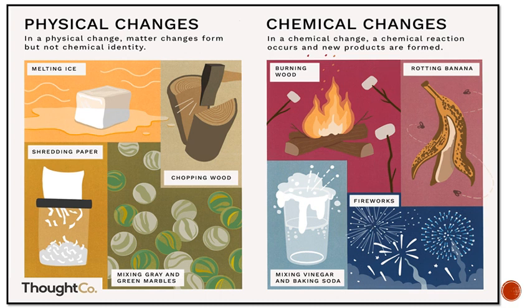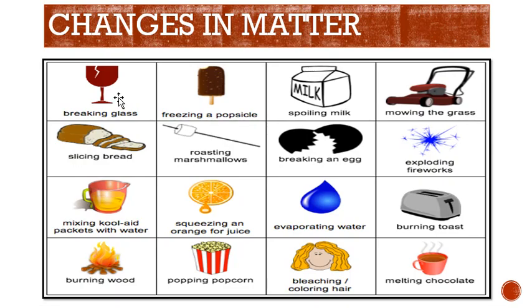So back to the picture. Breaking of glass. Physical change or chemical change? Definitely physical change, right? Because even though the glass is broken into pieces, the composition is still the same, it is still glass.